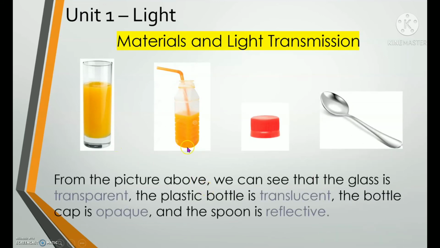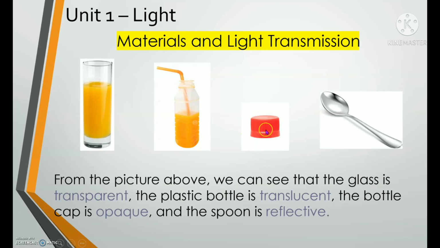From the picture here above, we can see that this glass is a transparent material. You can see through. The light goes through. We can see from this plastic bottle, it is translucent because you cannot see clearly inside, because some of the light does not get through.